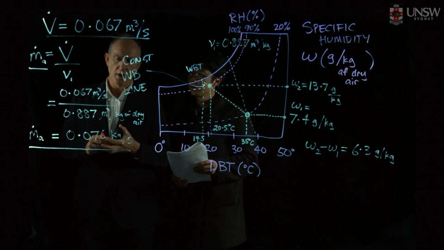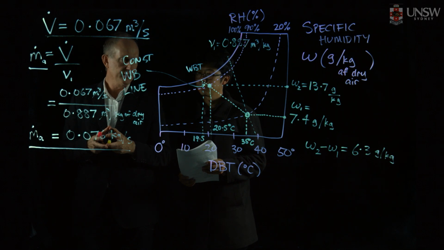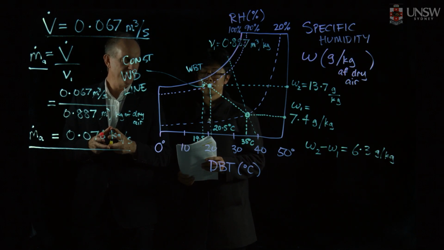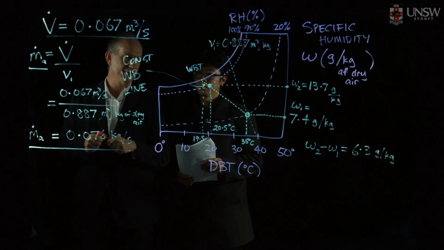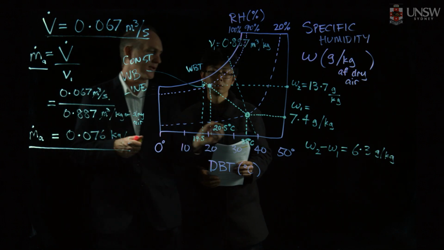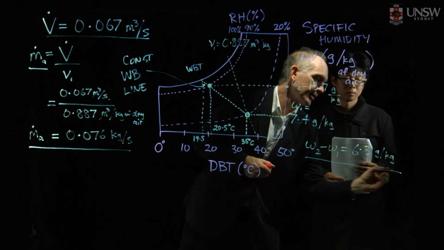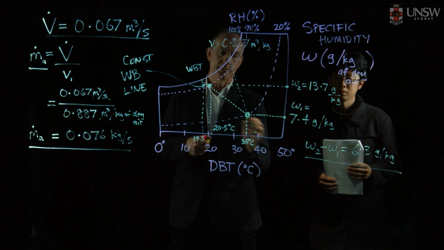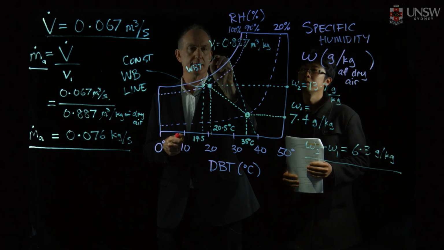Now, we're looking for how much water vapor is being added to the air as it moves through the evaporative cooler. We've found that out over here. We've got the difference between the outlet at position number 2 here. There's our outlet.